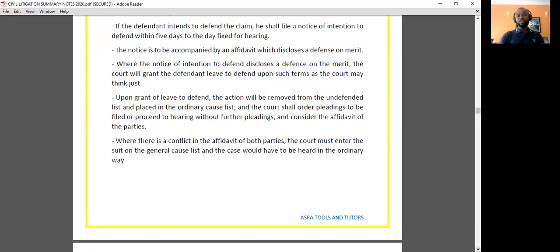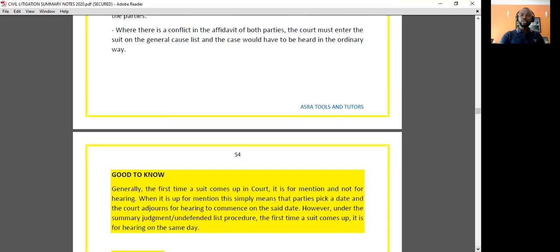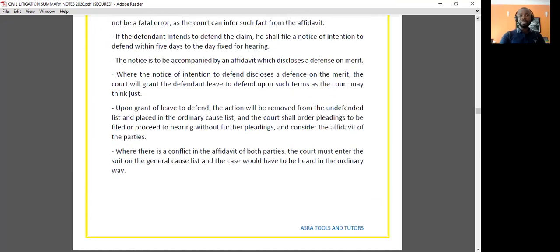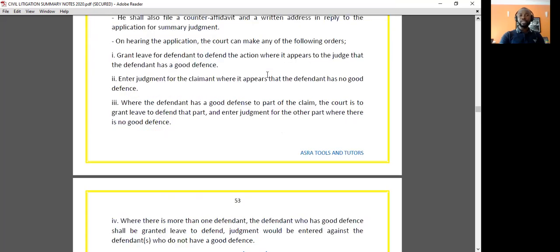So at the end of the suit, if the court finds that indeed the defendant does not have a good defense to the claim that has been made by the claimant, then the court would enter judgment in favor of the claimant, and that means it's over, that judgment is final. It can only be appealed against.